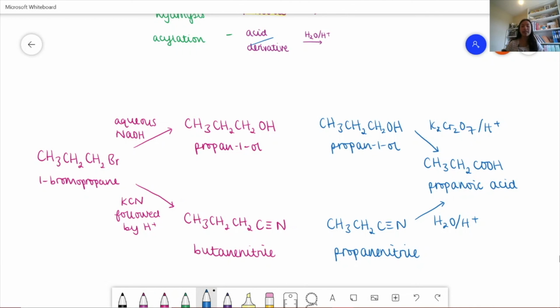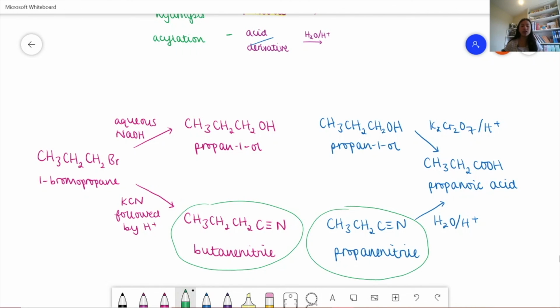So now we can see why we can eliminate one of these methods. And it's because here we have butane nitrile, but here we have propane nitrile. So they're not the same. And so we can't go through this method to get from 1-bromopropane to propanoic acid. And so we have to use propan-1-ol as the intermediate.